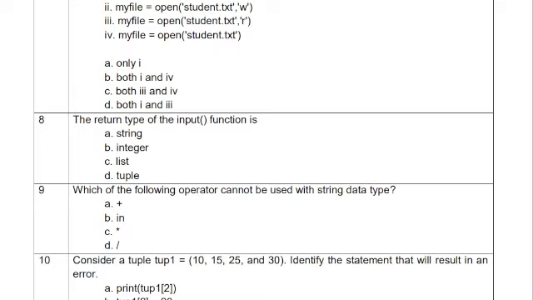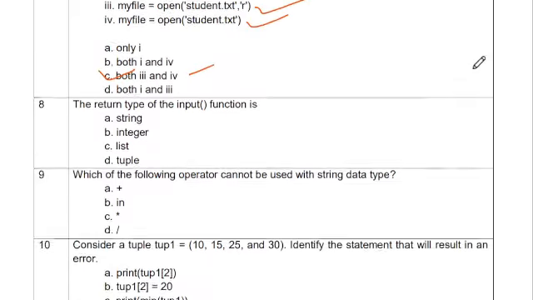So it is a text file, so the file format for reading that, you can see they have given myfile open with rb. rb means binary, it will not be that. Myfile open student.txt with write mode will not be there. Myfile open student.txt in read mode, yes, it will be there. And open student.txt without mentioning anything, that means read mode. So which option will be correct? Both 3 and 4. So answer C will be the correct answer.